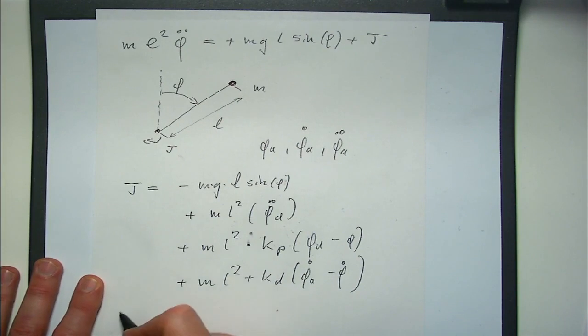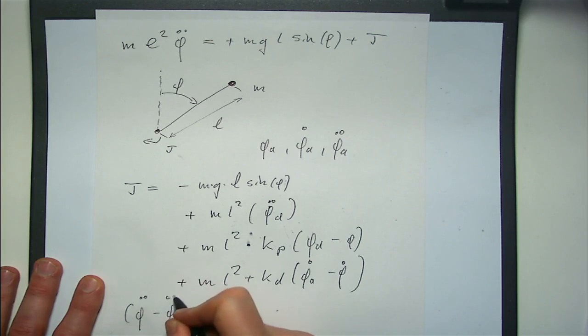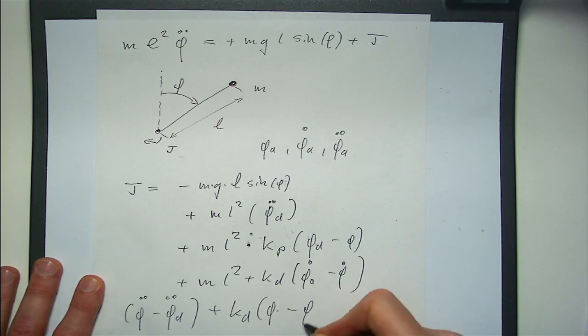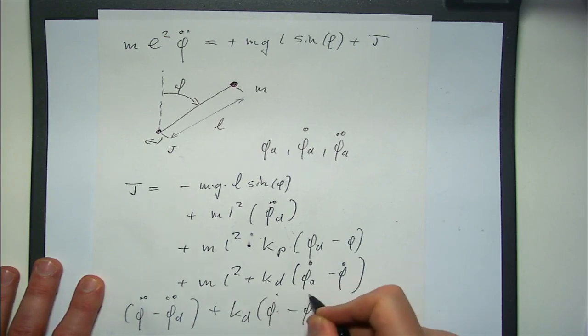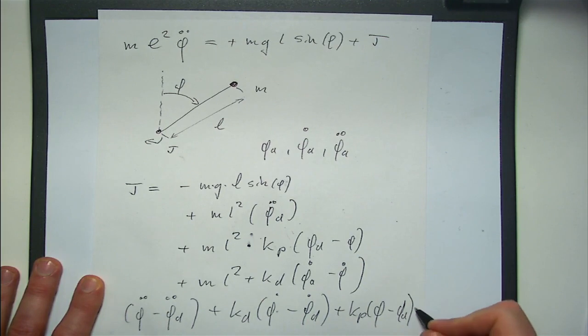So what we get ultimately is this closed loop behavior: phi minus phi d double dot, plus kd times phi minus phi d dot, plus kp times phi minus phi d, equals 0.